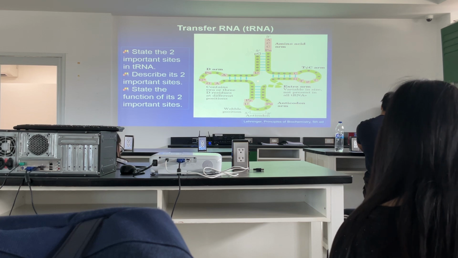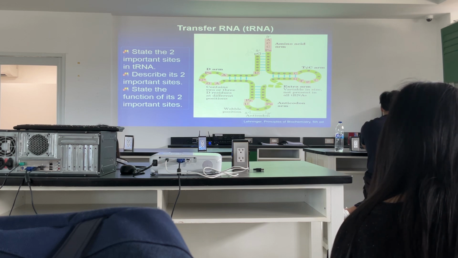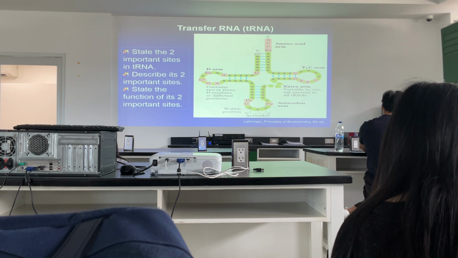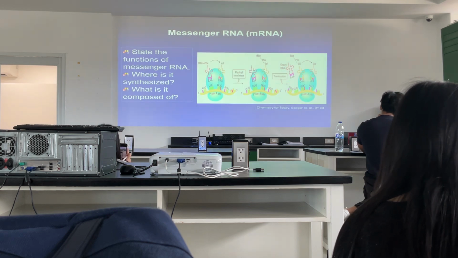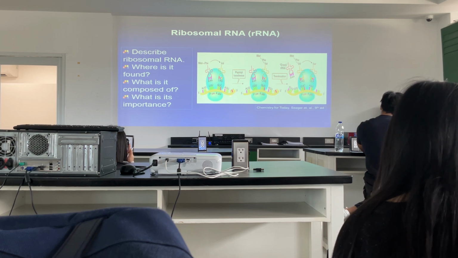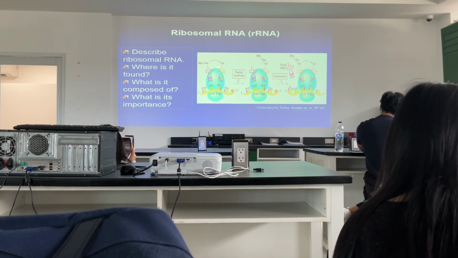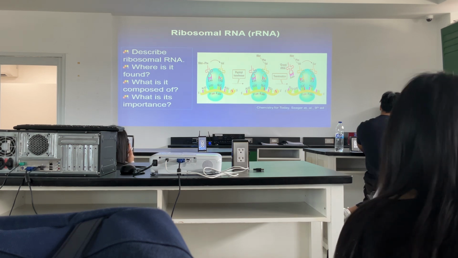How does it know what amino acid to bring? It is via this anticodon. Because this is complementary to the codon in the mRNA molecule, the tRNA will know what amino acid to bring.